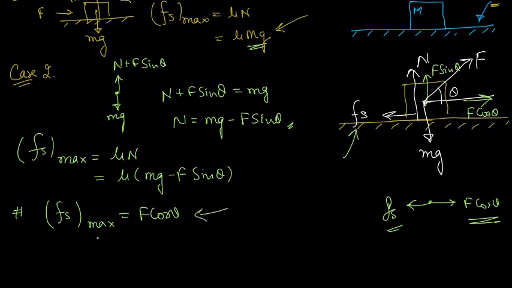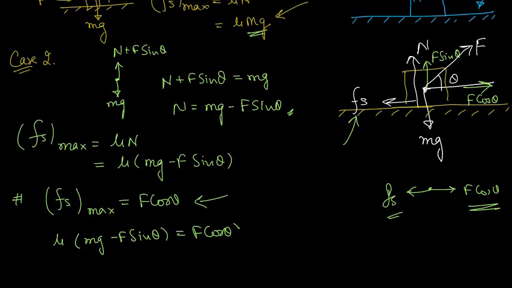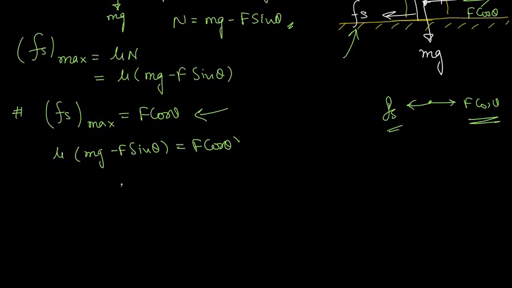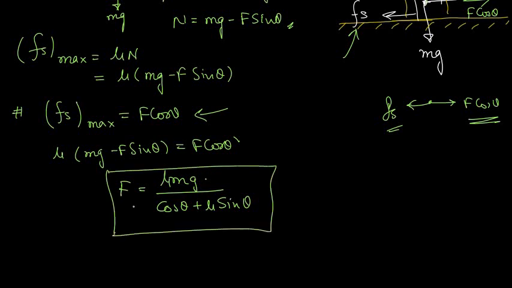So this is the condition: mu times (mg minus F sin theta) is equal to F cos theta. If you simplify this, take F to one side, so F will be mu mg divided by (cos theta plus mu sin theta). That is the force required to move at an arbitrary angle theta.